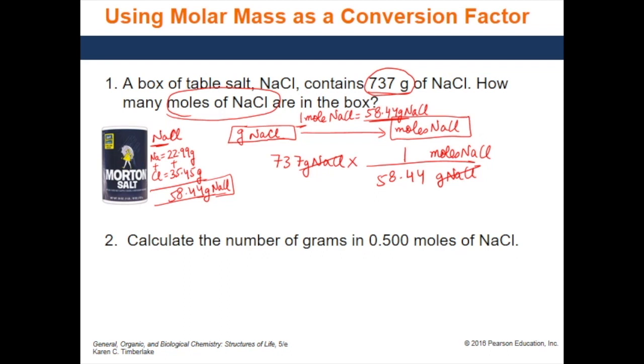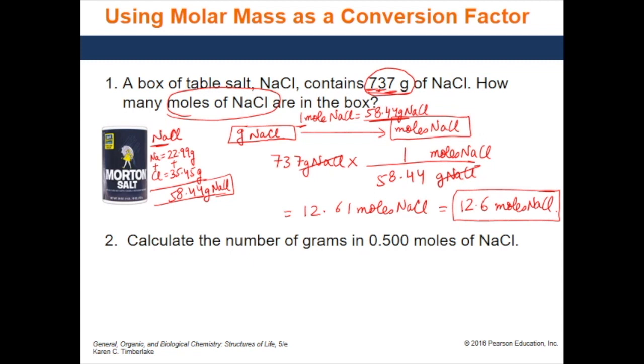Our final answer is in moles, which, if you plug this into your calculator, 737 divided by 58.44, would give you around 12.61 moles of NaCl. How many sig figs are we looking for? 1, 2, 3. So our final answer would be 12.6 moles of NaCl with 3 sig figs.